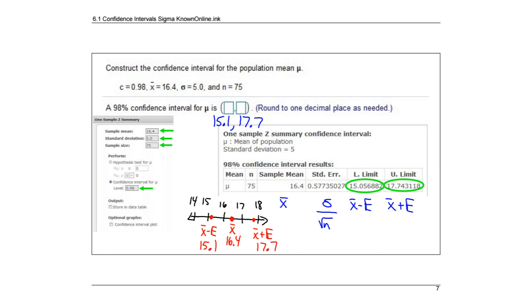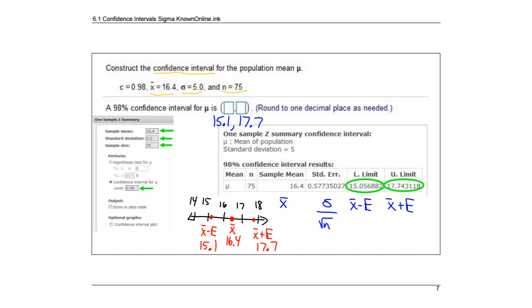All right, here's another problem. They gave me we want to make a confidence interval. So as soon as I see those words, confidence interval, I know that I'm going to go to ZStat. They gave me the confidence level of 98%. They gave me my sample mean, population standard deviation, and my sample size.